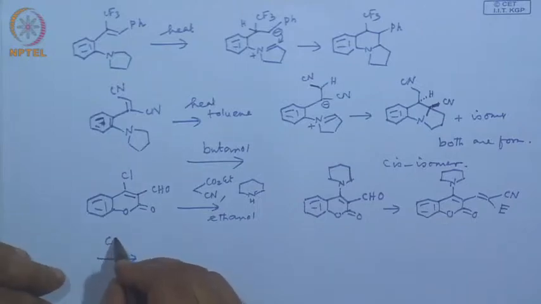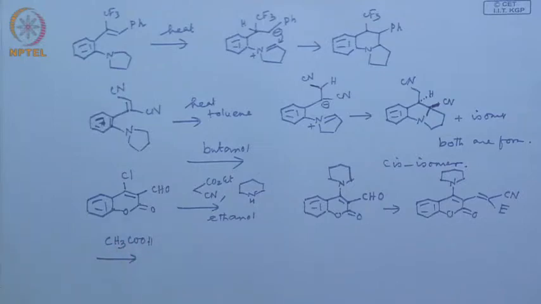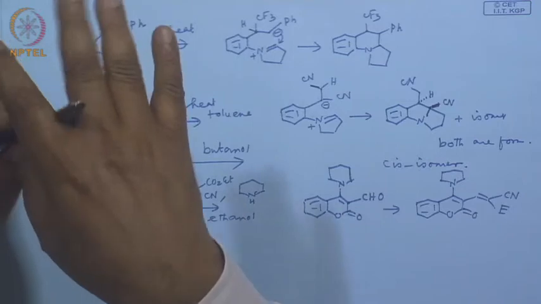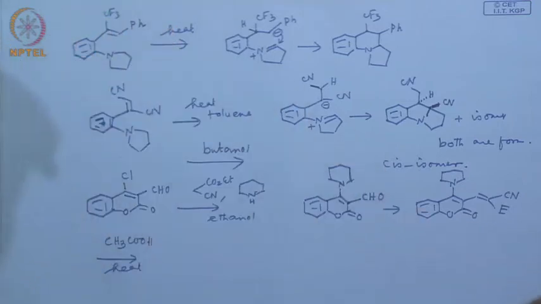In this case the solvent is acetic acid and it is heated. So far we have seen that either toluene or butanol has been used, but in this case you have acetic acid and just simply heat. Okay. So, what do you expect?